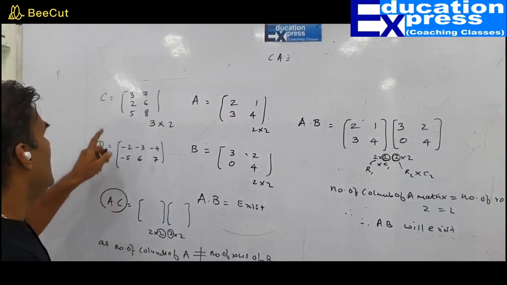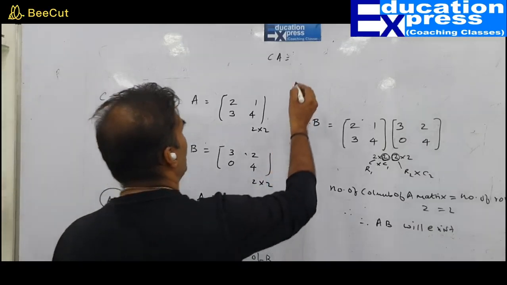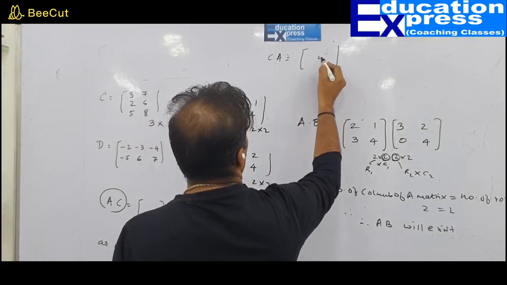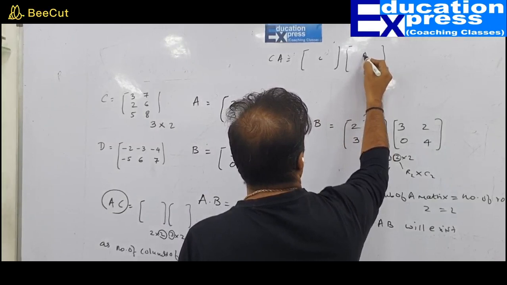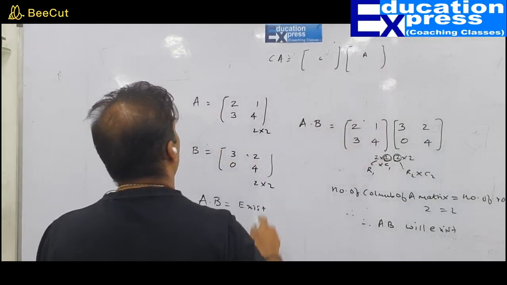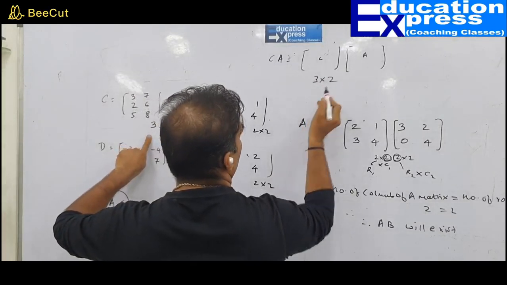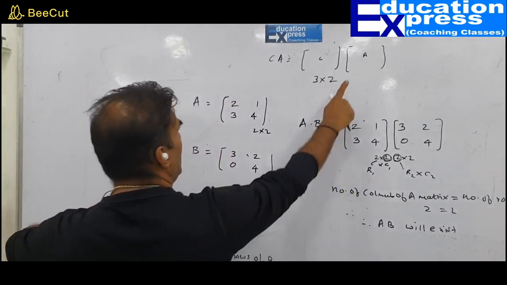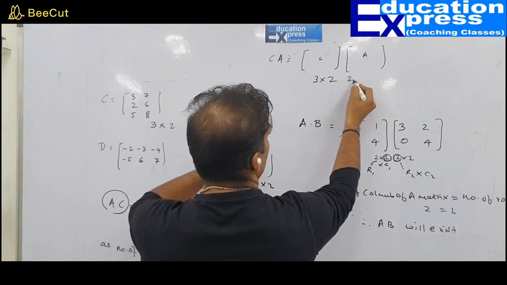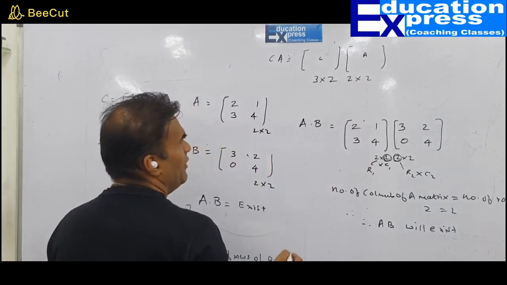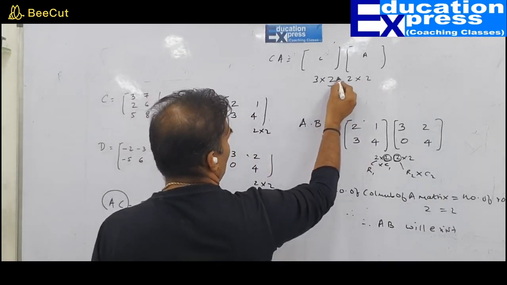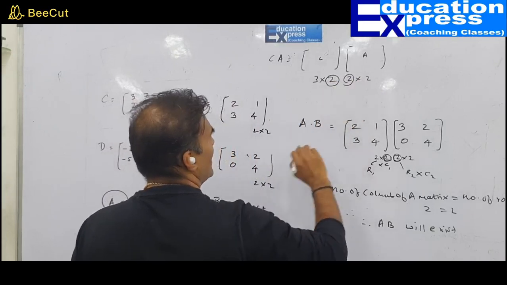Let us try if CA exists or not. So you write matrix C and matrix A. Can you please tell me the order of matrix C? The order is 3 into 2. What about the order of matrix A? It is 2 into 2. Wonderful. See this observation: this 2 and this 2 are the same.